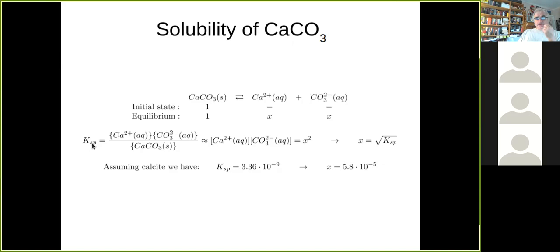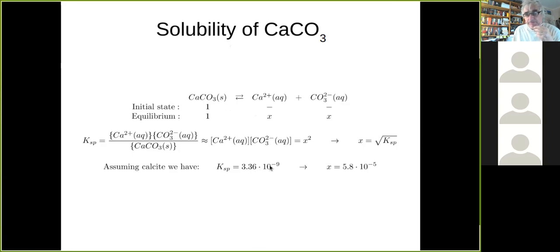Even without any extra characters, if there is a K closely associated with a reaction like this, it should be interpreted as the equilibrium constant for this very reaction. If we use some accepted value, here I used 3.36 times 10 to the minus 9.